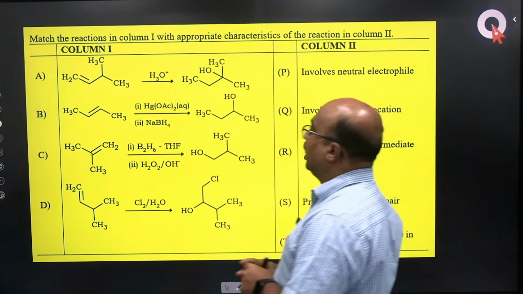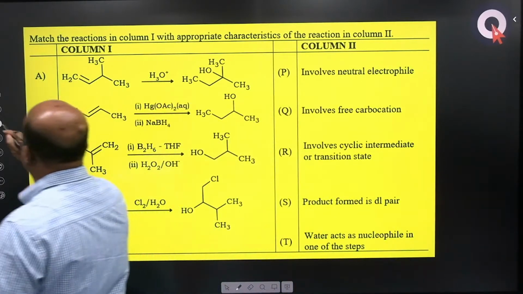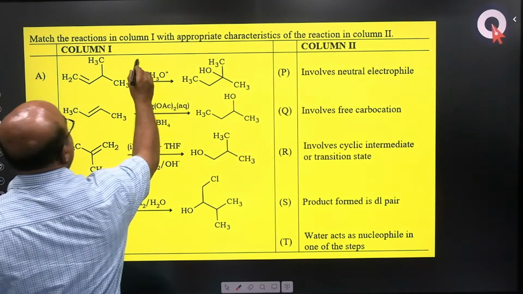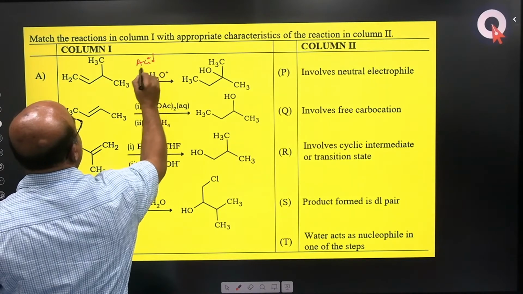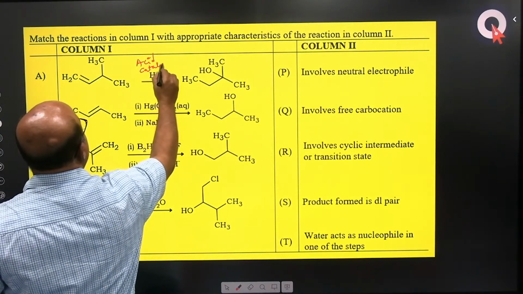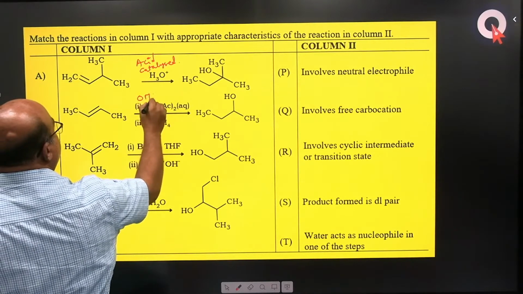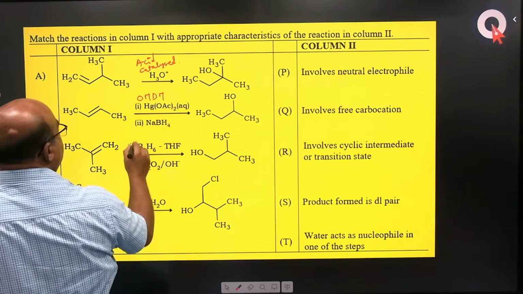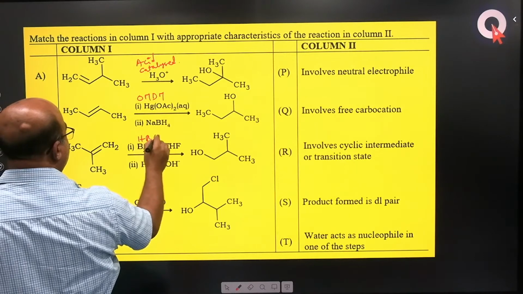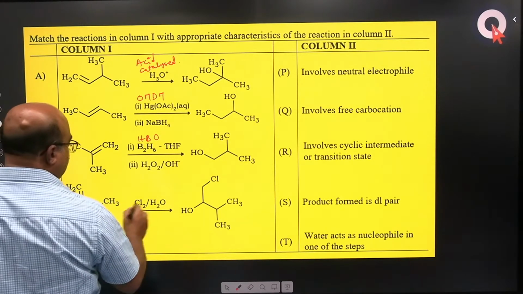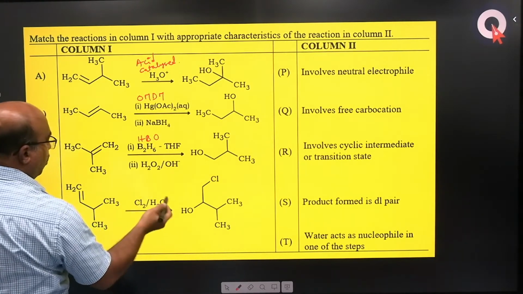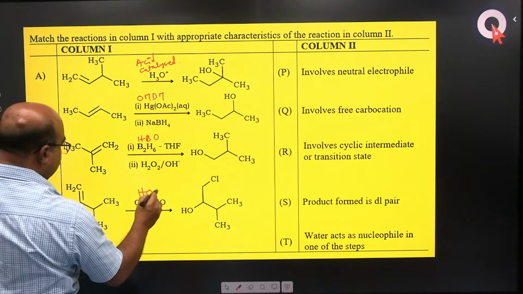This is acid catalyzed addition of water. So this is acid catalyzed addition. This is simply we say OMDM. This is hydroboration oxidation. This is just an addition of chlorine in water, nothing but HOCl.